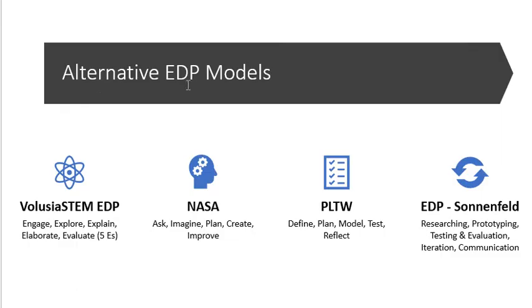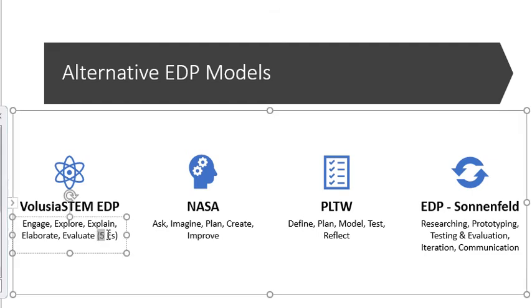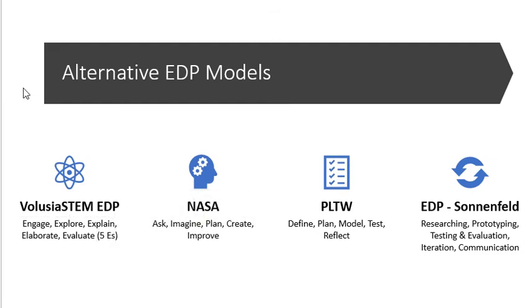Let's begin. So there are actually alternative engineering design process models. The one that I discussed in the basic lesson is the one that is encouraged for use in Volusia County schools, the Volusia STEM engineering design process, which uses a model called the 5 E's. Those 5 E's, as discussed, include engage, explore, explain, elaborate, and evaluate.